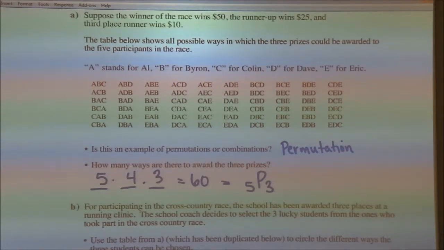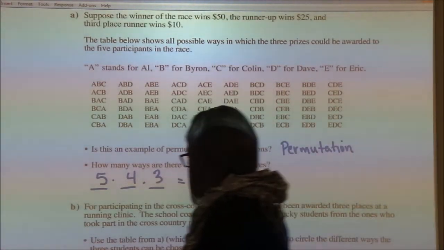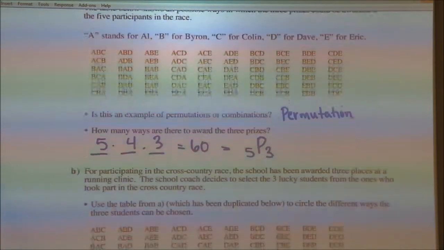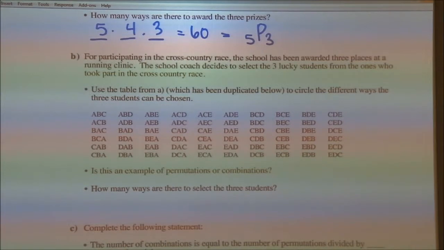Now, if you participate in this cross-country race, the school's been awarded 3 places at a running clinic. The school coach decides to select 3 lucky students from the ones who took part in the race.